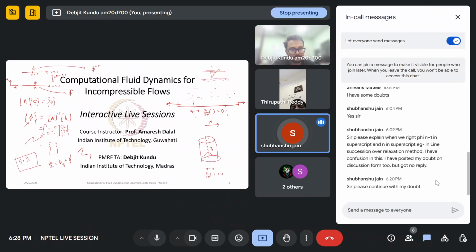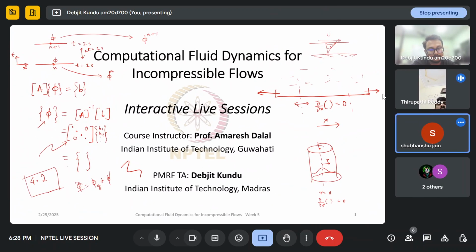Sir, for example, in point Gauss Seidel iteration method, if we look at the x and y axis, towards positive x we write i plus one comma j, and in the middle we write i comma j. So for phi i plus one comma j, we have to write k plus one.